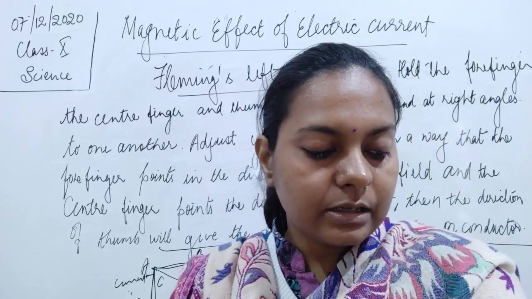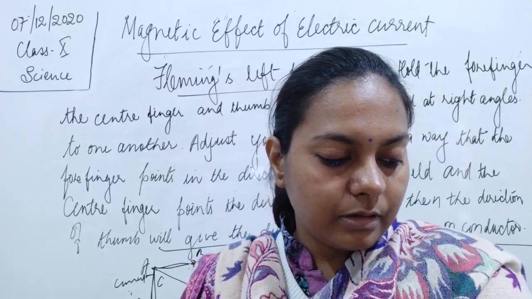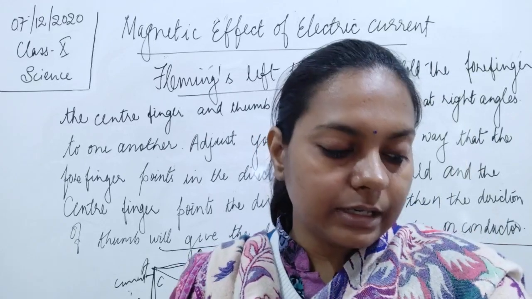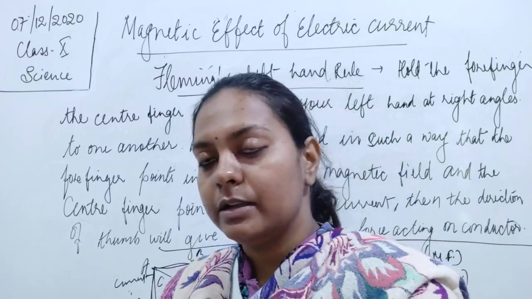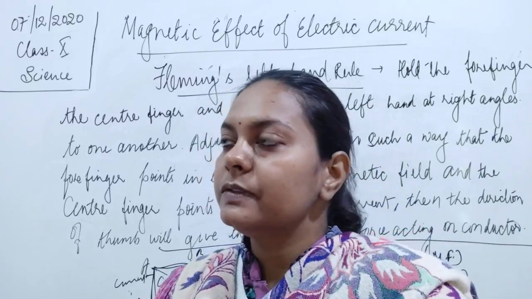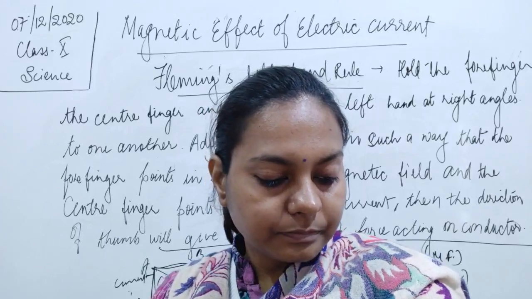So the answer, I'll tell you some more questions. Like, by convention, the direction of the flow of the positive charge is taken in the direction of the flow of current. ठीक है, flow of the positive charge is always giving the direction of the flow of current.